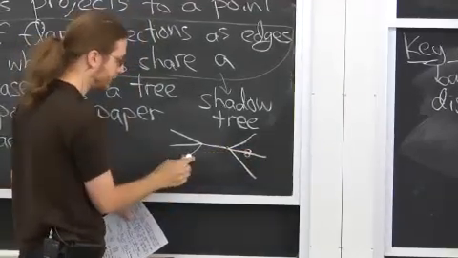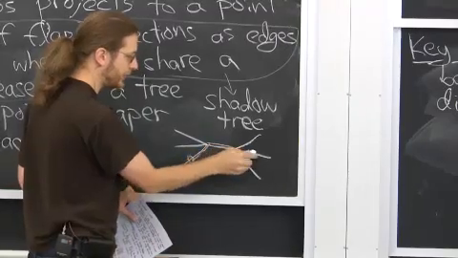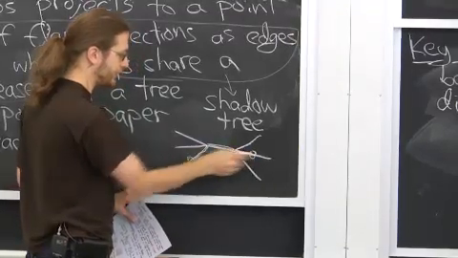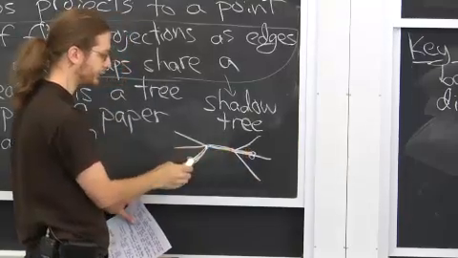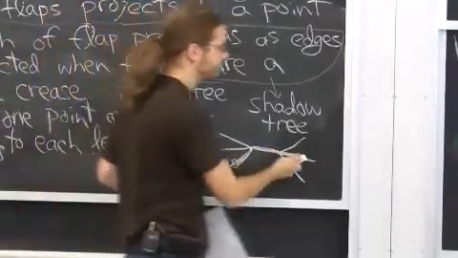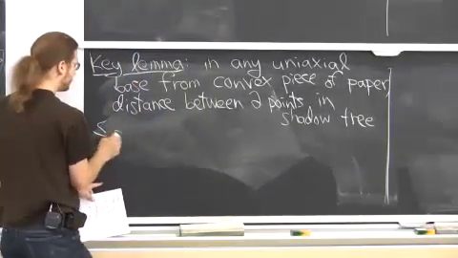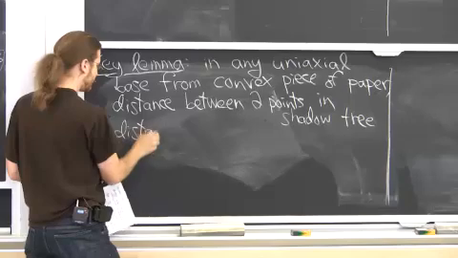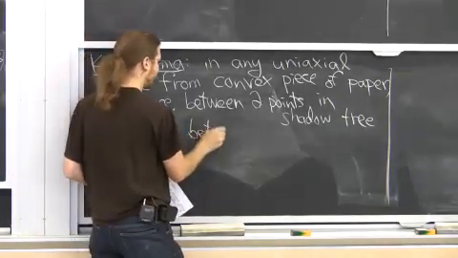The distance between them is the distance as measured. If you had to walk in the tree, how far is it to go from here to here? And because our tree is a metric tree, because we specified all the edge lengths, we can just add up those lengths, measure them. Okay, that's the distance between 2 points in the tree. That must be less than or equal to the distance between those 2 points on the piece of paper.